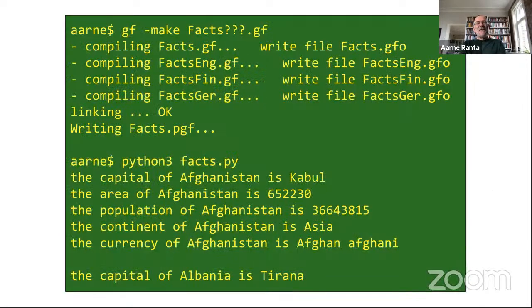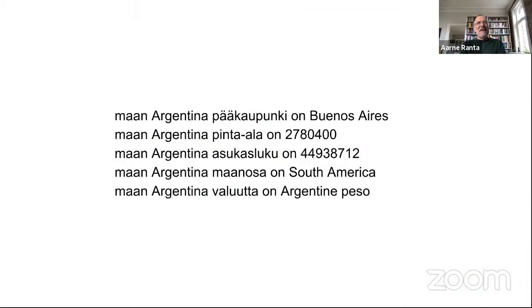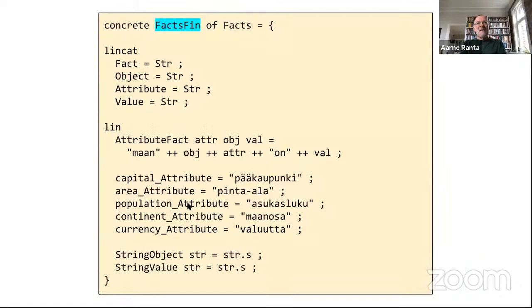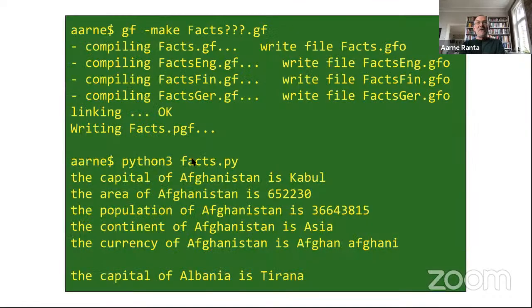Notice that you can easily do this for any table by just modifying what attributes there are. Maybe you need to modify the template a little bit, especially in Finnish. But otherwise, this is ready to be used. You don't need to change the Python code, you only need to change, in this case, the attribute names.